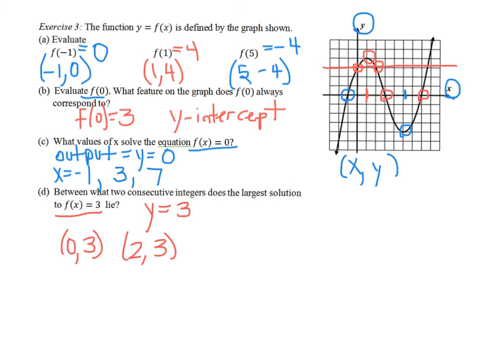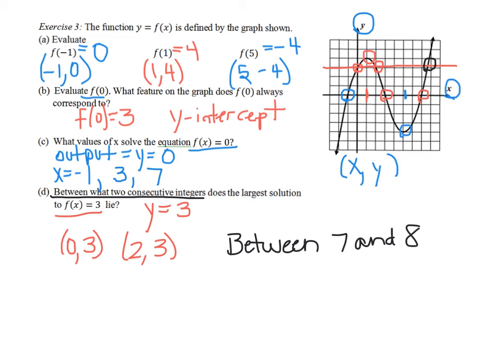But I see that there's actually a third spot on my graph where the y coordinate is equal to 3. But this one's not as easy to read from the graph. So this question says, between what two consecutive integers does it lie? Well, if I count over on my x-axis, I see that it has to happen between the numbers 7 and 8.